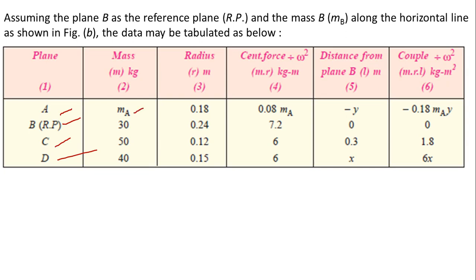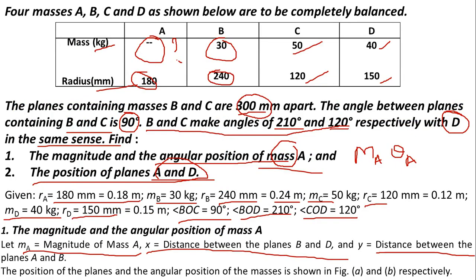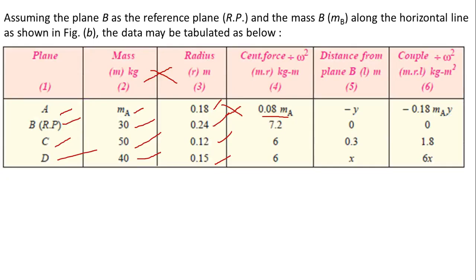So mass A is unknown, MA is unknown, other things are known: 30, 40, 30, 50, 40. Radius for all values are known to you: 0.18, 0.24, 0.12, 0.15. Then centrifugal force divided by omega square, that is m into r. So multiply the 2nd and 3rd columns. So MA into 0.18 meters.